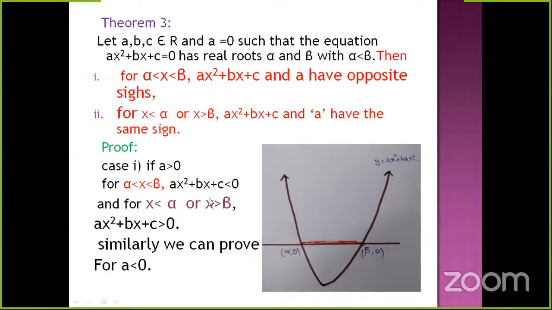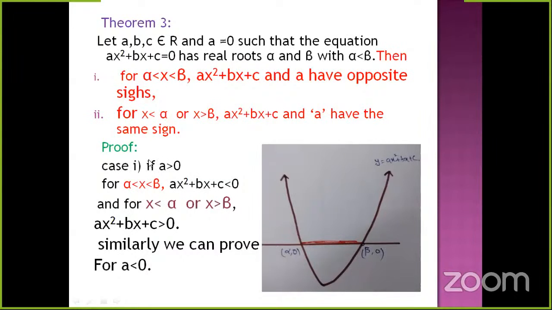In the same way, for x greater than beta, that is after the beta value also, for every x greater than beta, the value of y is above the x-axis, so it is positive. So in both the conditions, that is for x less than alpha and x greater than beta, the value of the expression ax square plus bx plus c is greater than 0.